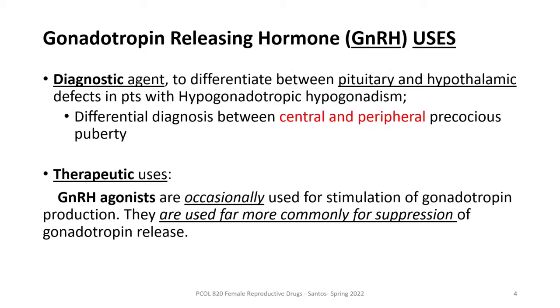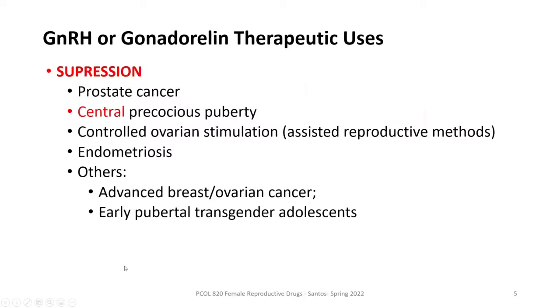But the most common use of the gonadotropin releasing hormone agonists is to promote suppression of the gonadotropin release. Occasionally, they can be used for stimulation as well, as we're going to see in the next slide.